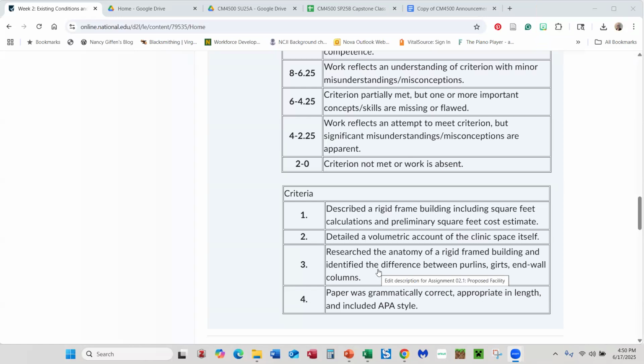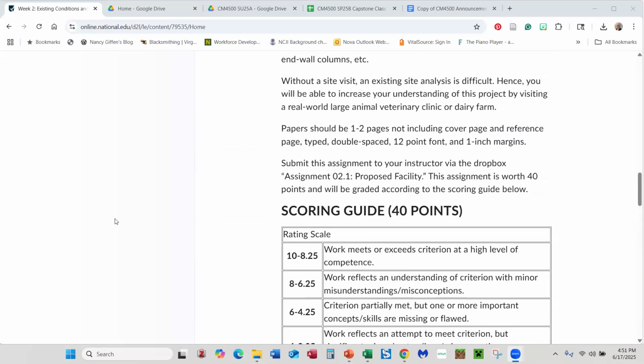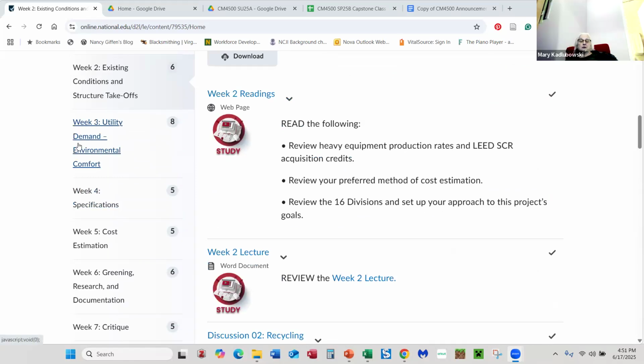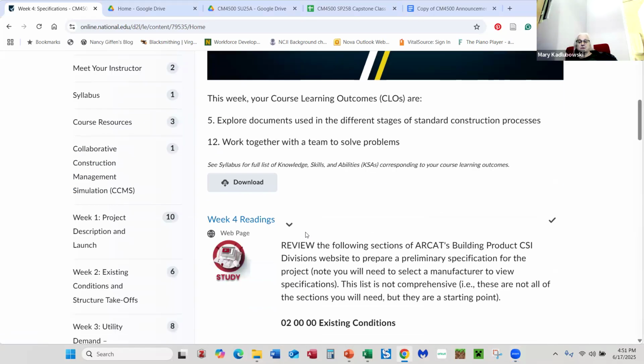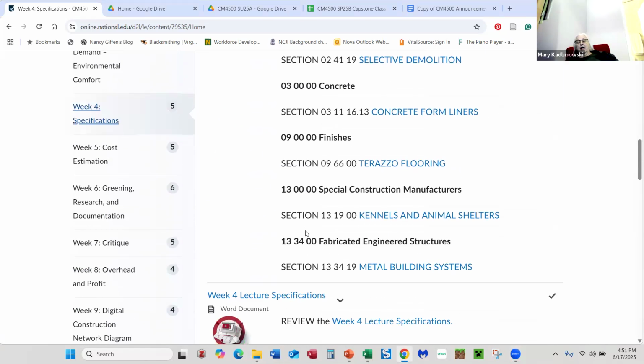Okay. That was my only question. And then you answered this week's assignment, and I'm gonna go ahead and start on that. This one's a big one. Next week we're doing the specs. I will provide you with an Excel spreadsheet with the list of all 54 divisions, and you will check off which specs apply.